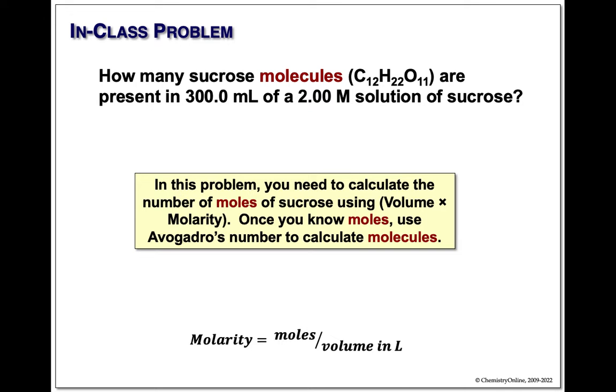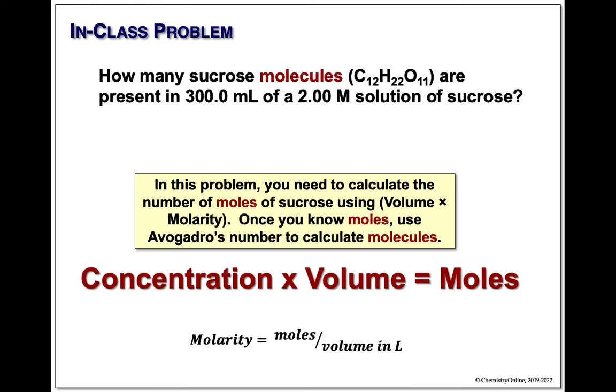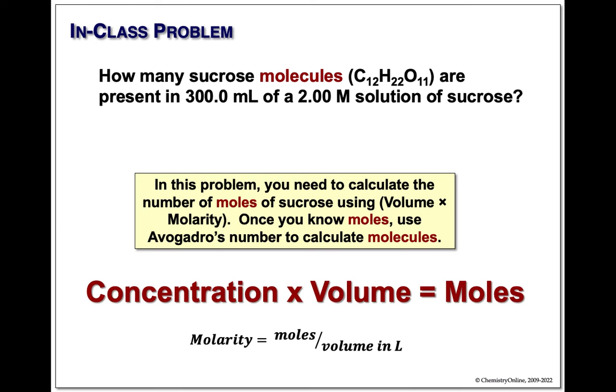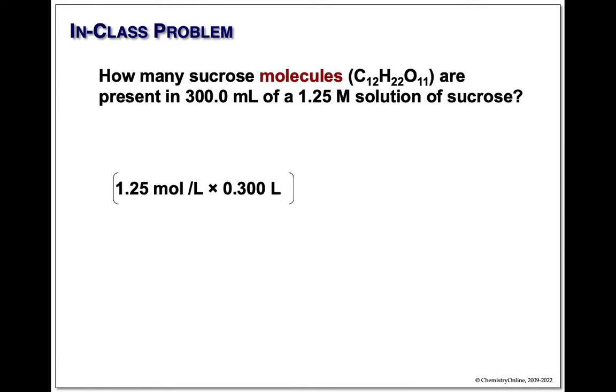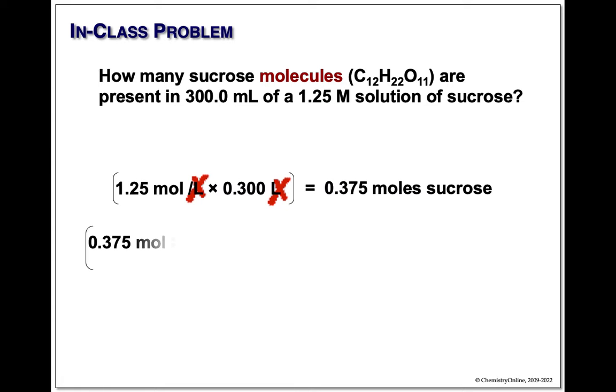So, moles is going to be equal to concentration times volume. We will take our concentration, we will take our volume, must be in liters, simply multiply these together, liters will cancel, and we get moles. So, we know how many moles of sucrose we have.